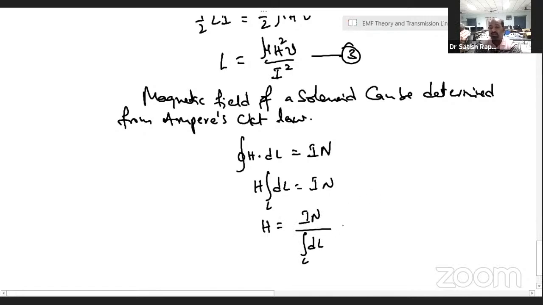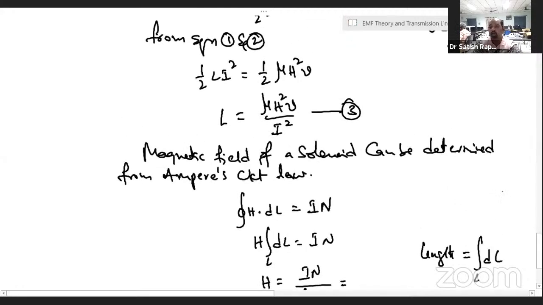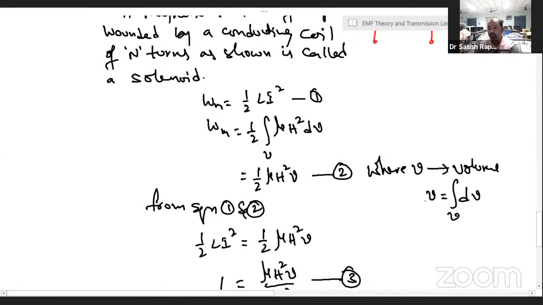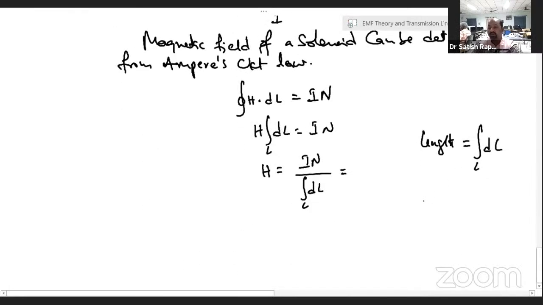What is the line integral of dl? It is length. So length L is equal to the line integral dl. The volume integral dV is volume, the line integral dl is length, and the surface integral dS is surface area.